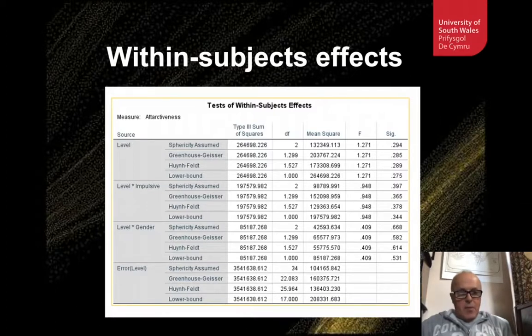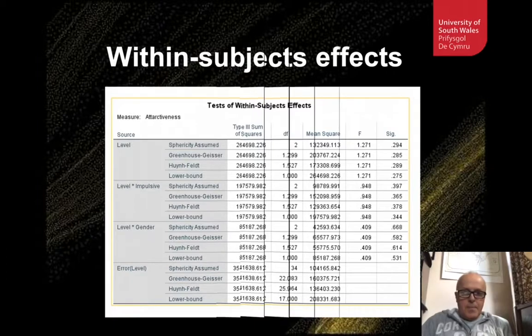And if we go down to the level times gender, there we are. The interaction between level and gender, again for sphericity assumed, we can see that we have an F score of 0.40 and a significance level of 0.66. So there's no significant interaction between level and gender.